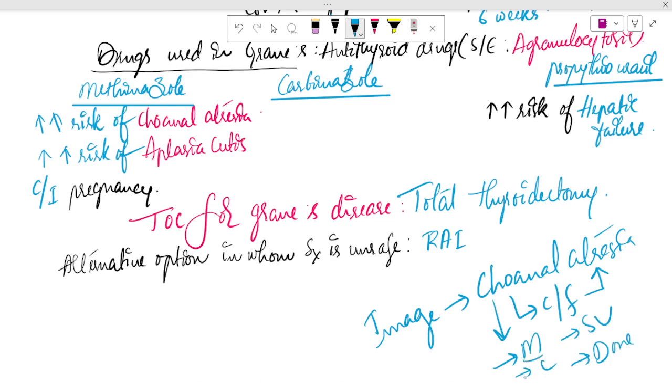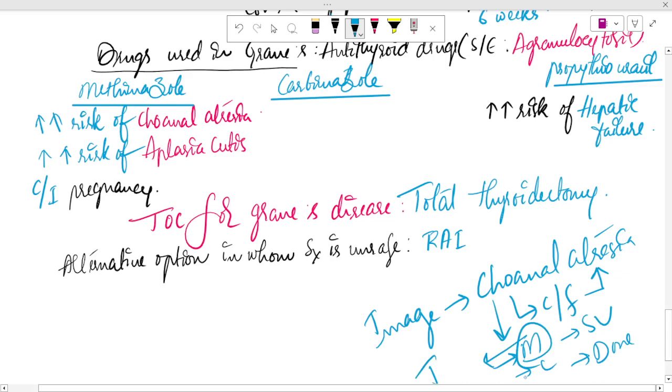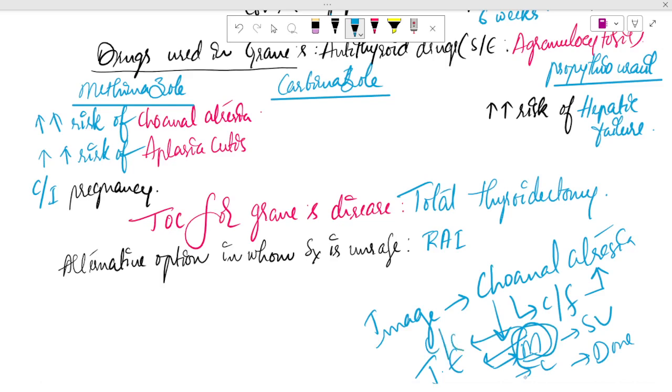The answer is simple. It's methimazole. Methimazole has one of the most serious teratogenic effects. That is the reason methimazole is strongly contraindicated in pregnancy. Very, very important.